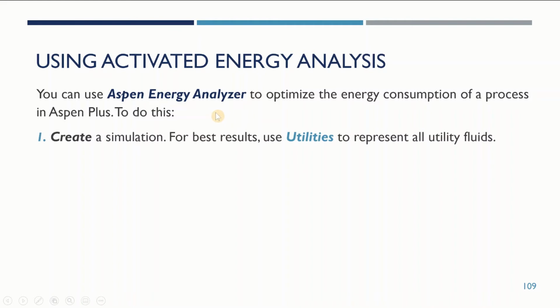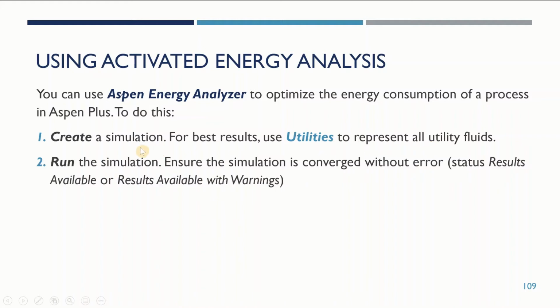First, you need to create a process simulation. For best results, use utilities features to represent your utility fluids. After that, click Run the simulation and make sure that the simulation is converged without error. The status could be shown as Results Available or Results Available with Warnings.